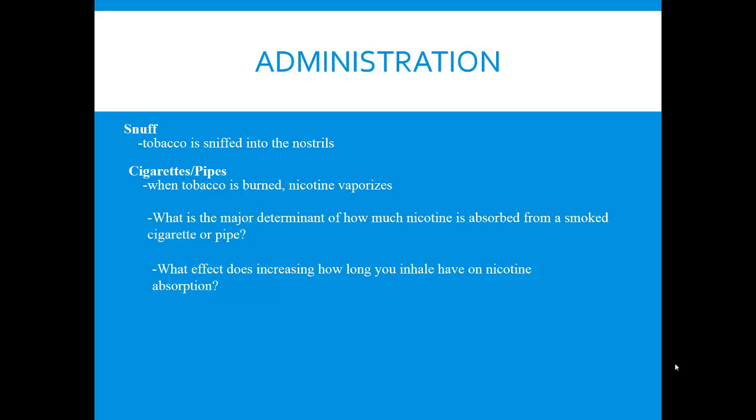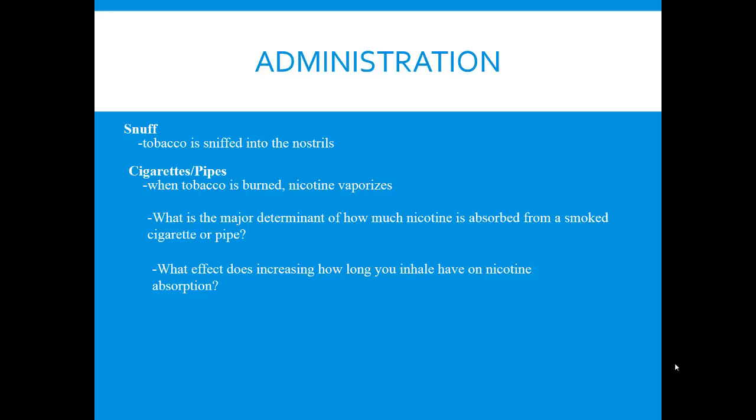These are some other forms. Snuff. This is a form of nicotine where the tobacco leaves have been dried and pulverized, so it's a powder. Our textbook talks about individuals sniffing or snorting it into the nostrils. Personally, my grandmother used to what we call dip snuff, where she placed the powder between her gums and her lower lip.